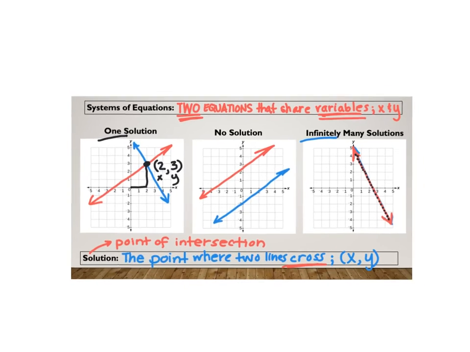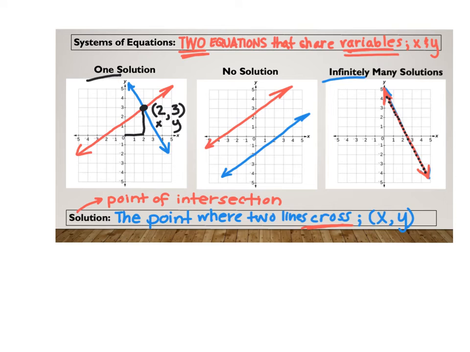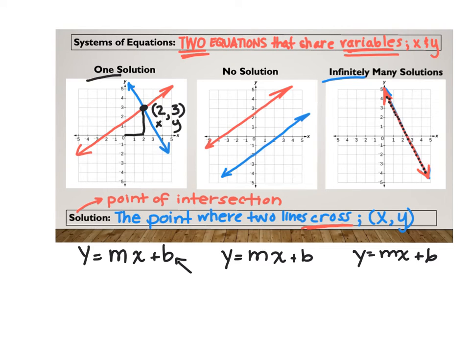Okay, so with these solutions, we can also talk about their equations. And I'm not sure if you guys remember, but when we were graphing equations before, we would talk about them in the form of y equals mx plus b. And b is the y-intercept, and then m was the slope.